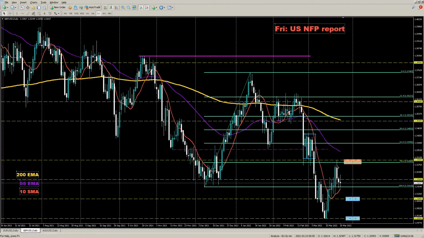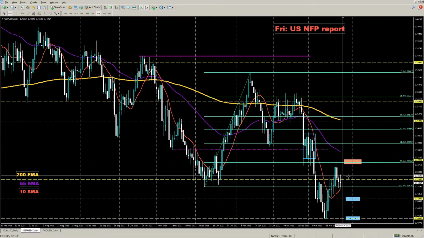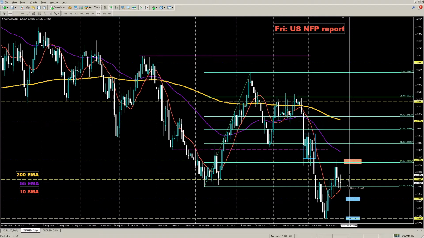Nice bounce on the Tuesday, but then return all the way back down to this swing low again on the Thursday, and just a narrow consolidation, narrow range day on Friday.